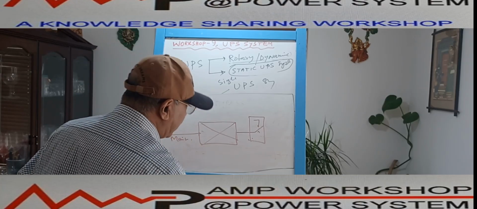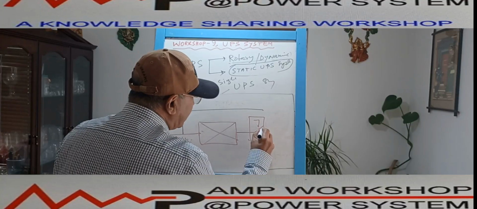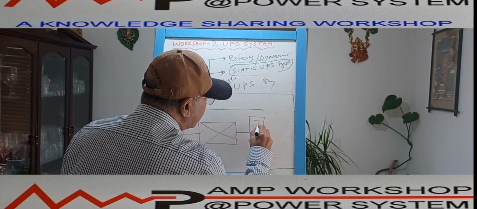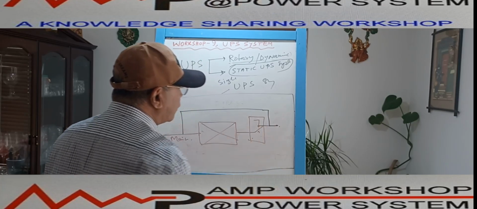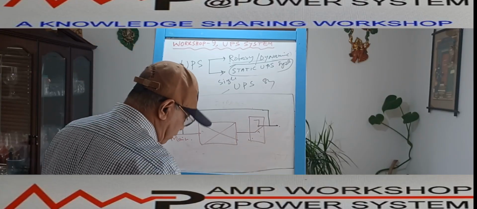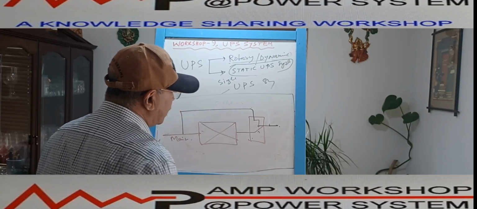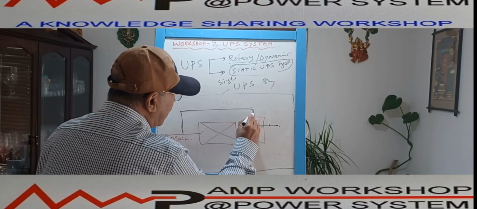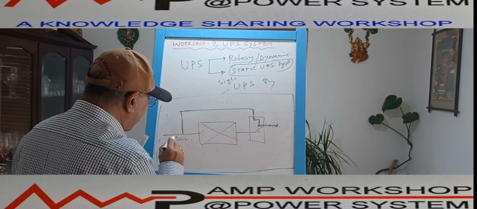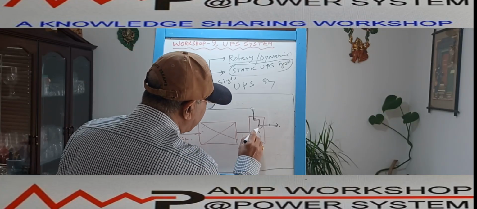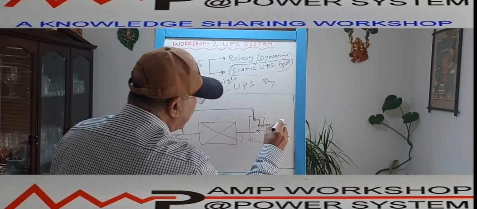The bypass supply comes over here to the static switch and goes to the load. When the static switch transfers to the other side, it goes this way. In normal condition, the supply goes through the UPS and the static switch, connected over here, and goes to the load.